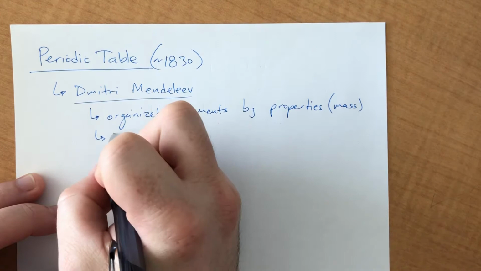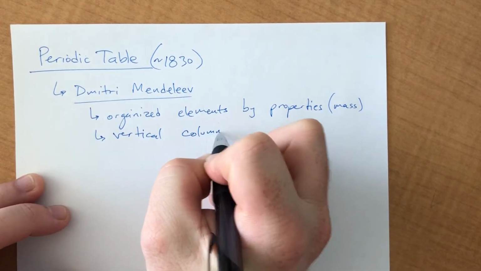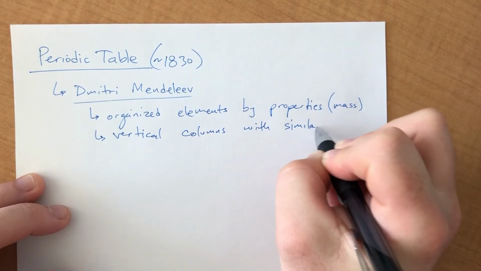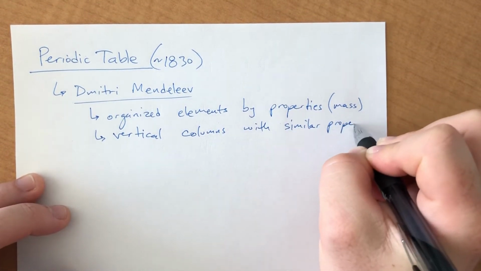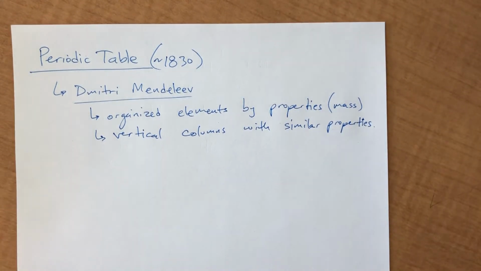And then he made vertical columns with similar properties. These would be other properties like charge, color, texture, metal versus non-metal, stuff like that. And that literally laid out the groundwork for how our periodic table is now.